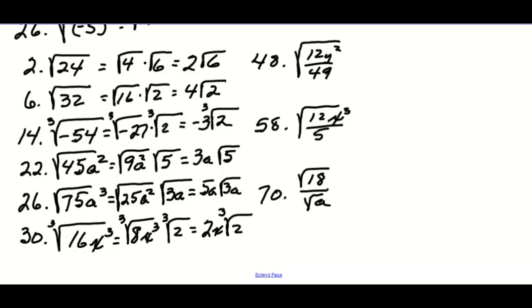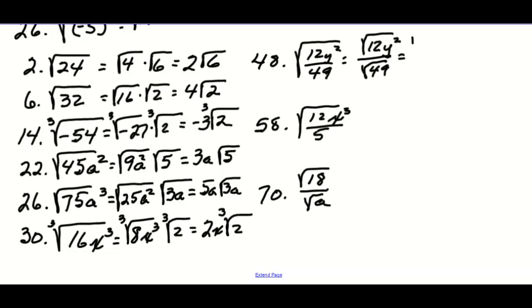In number 48, what I have here is a fraction, and I'm allowed to take that and break it into 2 parts. I can have the square root of 12y squared over the square root of 49. Now, in my numerator, 12 is not a perfect square, but 4 is.